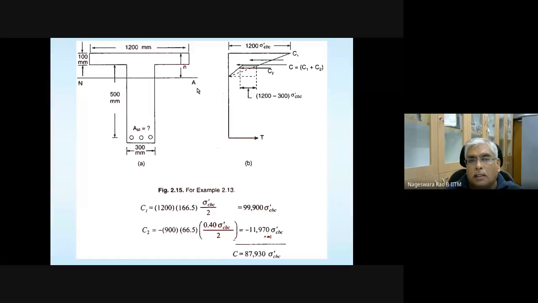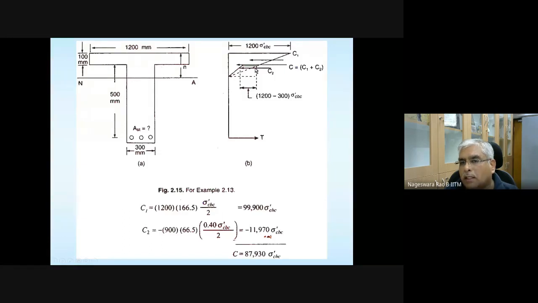Here the neutral axis, for this problem, turned out to be falling in the web region. And here, the total compressive force has some contribution from this web region as well.